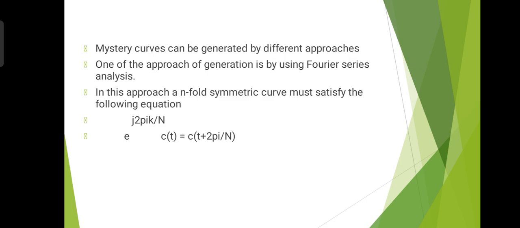The equation is e^(j2πk/n) C(t) = C(t + 2π/n), where π is a constant, k and n are integers, and C(t) varies with respect to time.